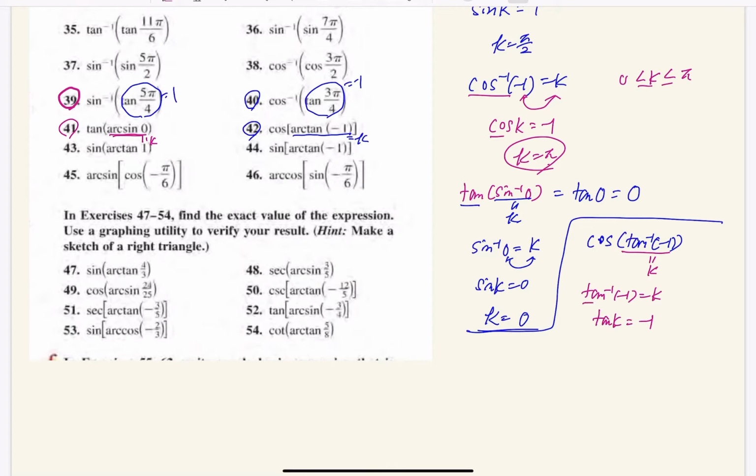The range of tangent inverse is between negative pi over 2 and pi over 2. So which angle k satisfies this equation? Negative pi over 4. So k equals negative pi over 4. Plug in negative pi over 4 for k. Cosine negative pi over 4 is the same as cosine pi over 4, which is root 2 over 2.